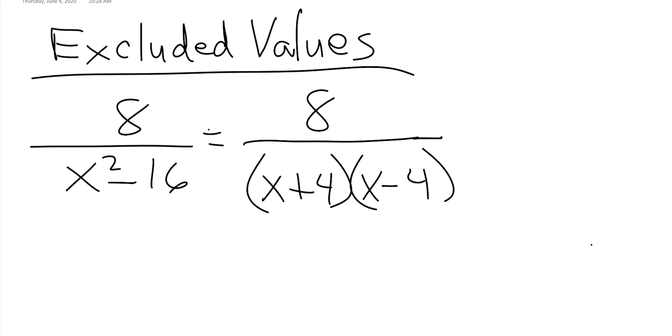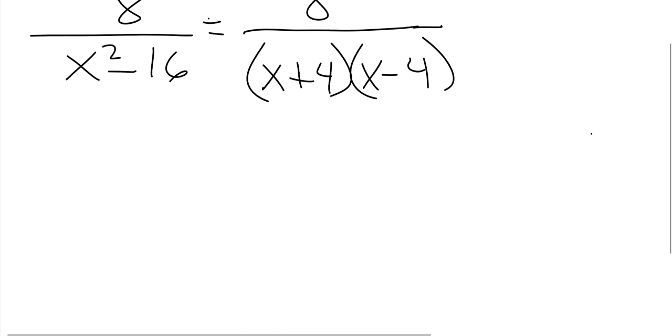And with it factored, now we can answer the question, which values of x create 0 in the denominator? I think that's pretty easy to see. If either one of these two terms were 0, then we would have 0 in the denominator.